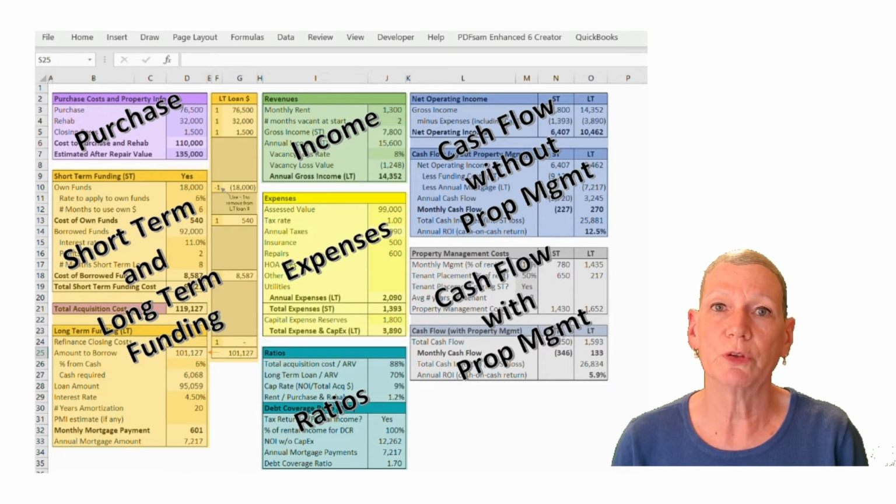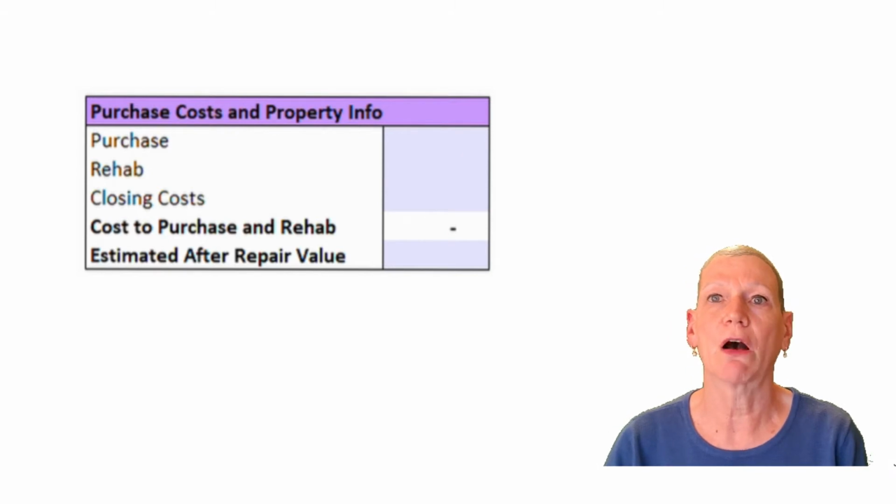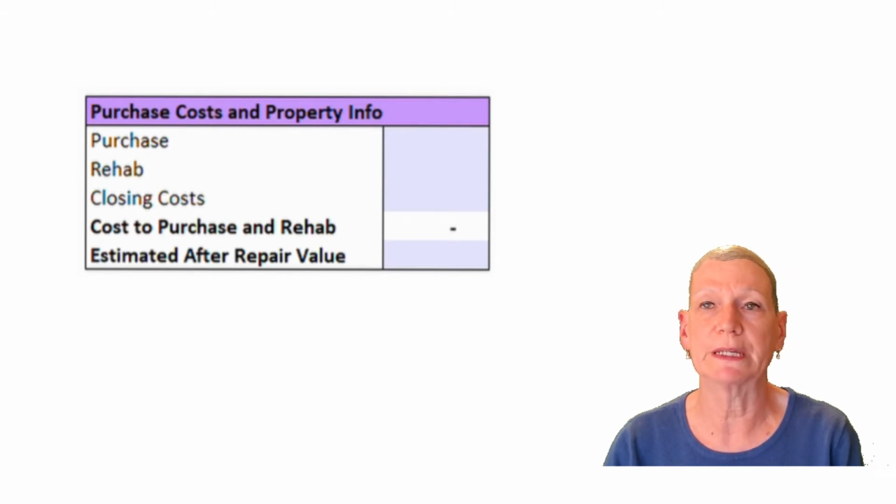So if you want to review how short-term and long-term funding can be used, in particular with the BRRRR method of buying long-term buy and hold properties, then you can also review the video on that topic as well. But for the analysis, we're just going to be focusing on how we use those numbers in the spreadsheet to determine your long-term cash flow, or at least give you an estimate of what that may be for a particular property. So let's start with the first section on the purchase of the property itself.